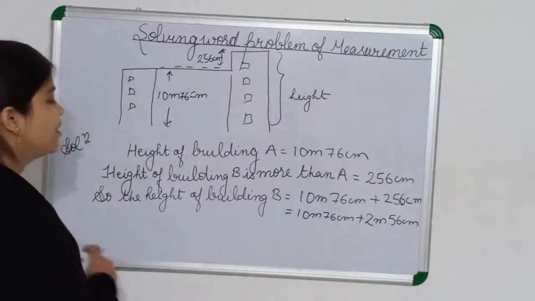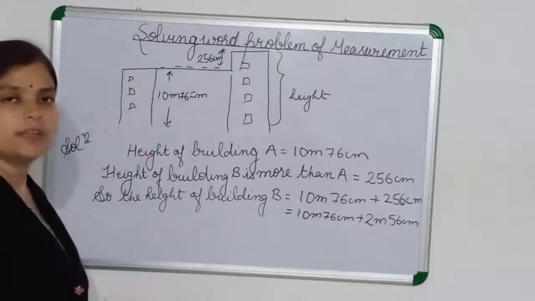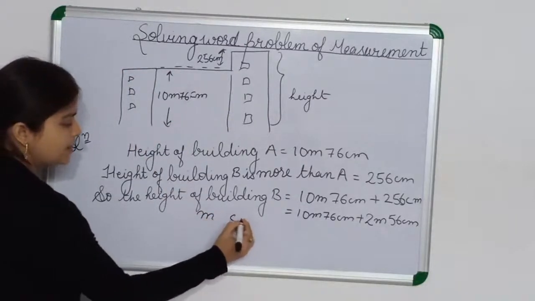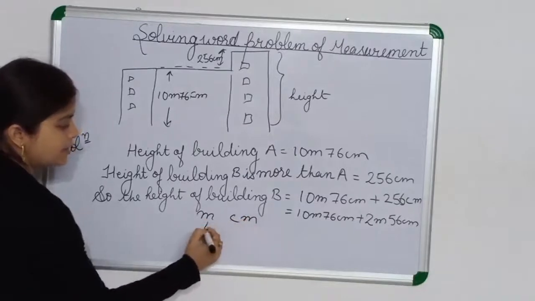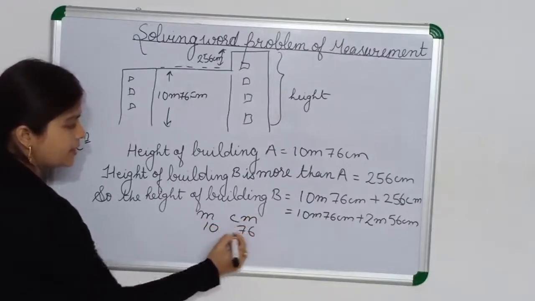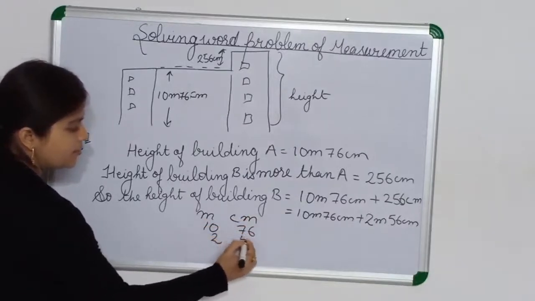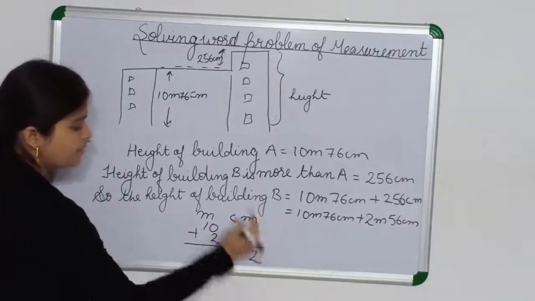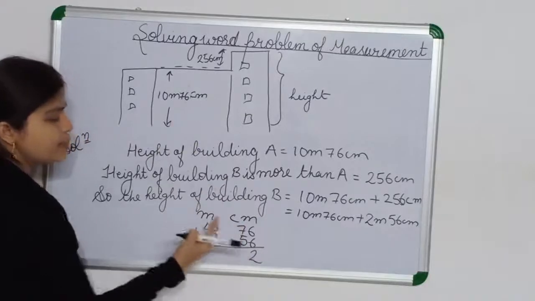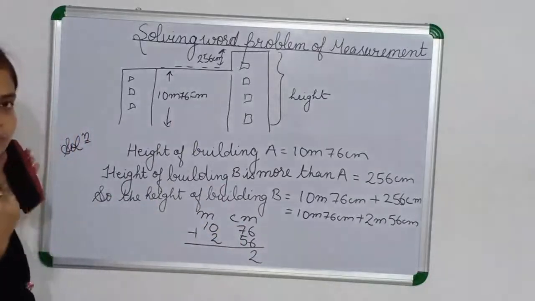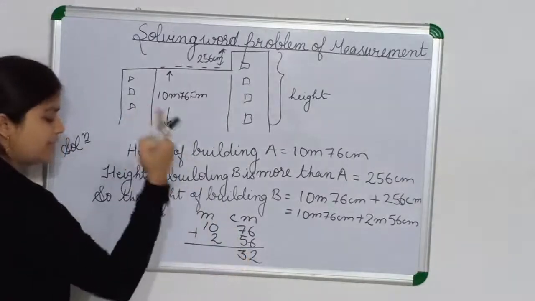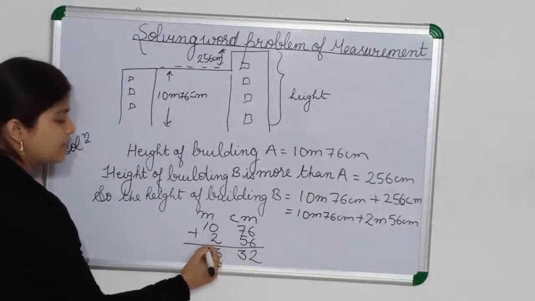Now you can arrange in column and add. Arrange in column, meter, centimeter: 10, 76, 2, 56. Then you add both of them. 6 plus 6 is 12, 1 you carry. 7 plus 5 is 12, plus 1 is 13, 1 again you carry. 2 plus 1 is 3, and then 1.